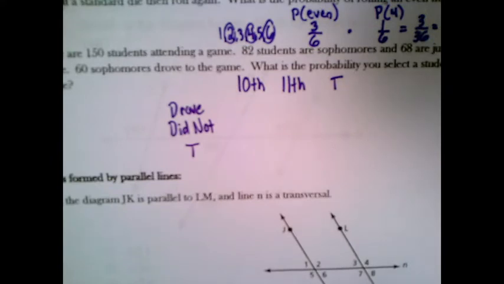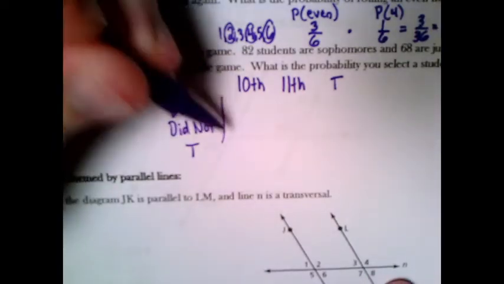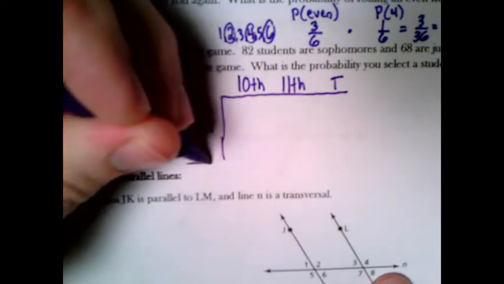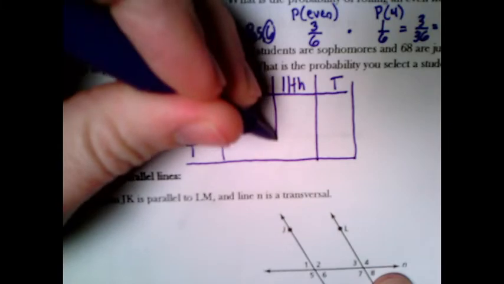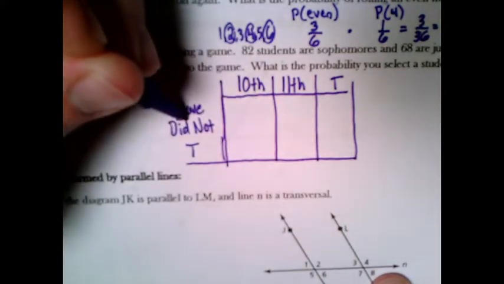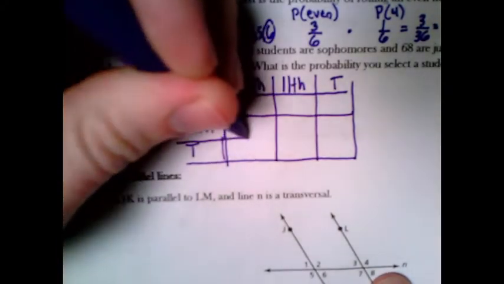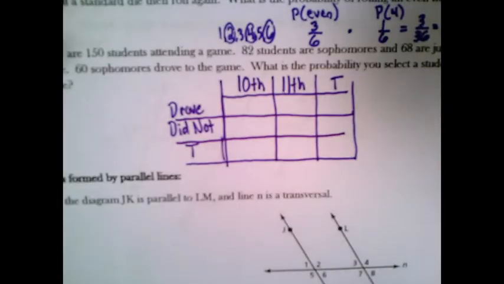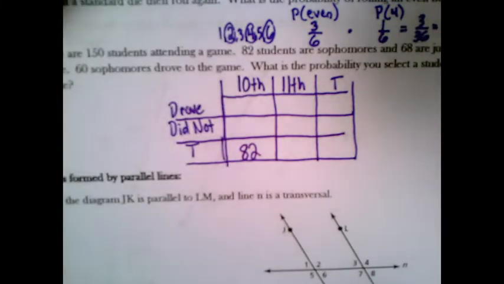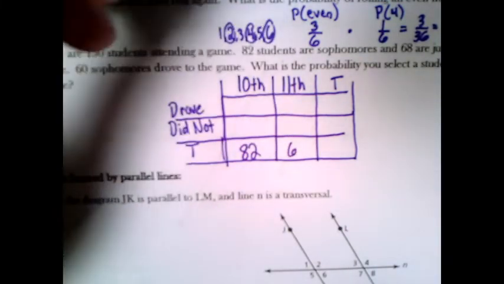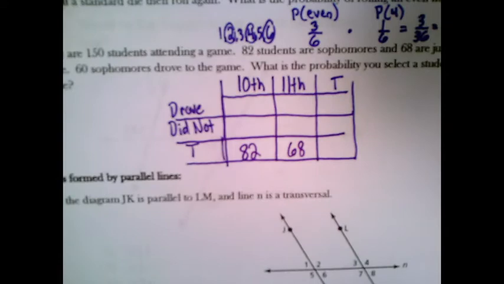As I'm doing this, we're going to fill out what we know. Well, they say 82 students. Let's go ahead and make our table. Okay, it says that 82 students are sophomores, 68 are juniors, and there's 150 total students.